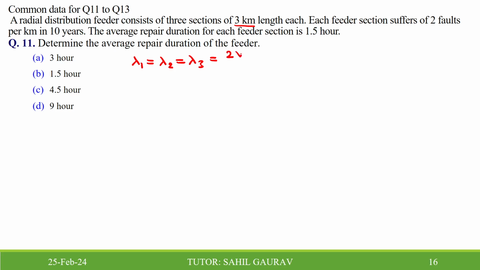So 2 into 3, divided by 10, you will get 0.6 faults per year. And now mean repair duration is also given as 1.5 hour. So R1 bar, R2 bar, R3 bar are all equal, given as 1.5 hour.